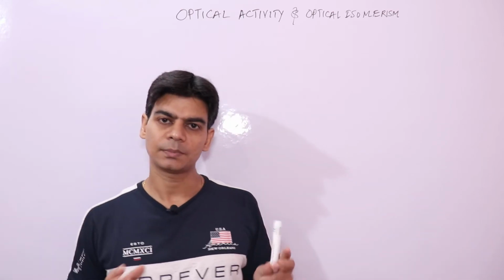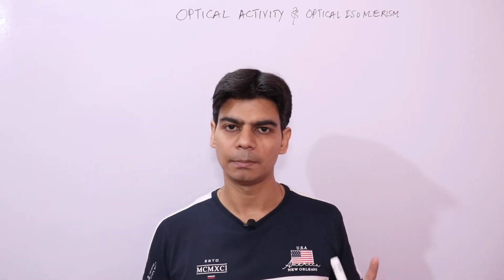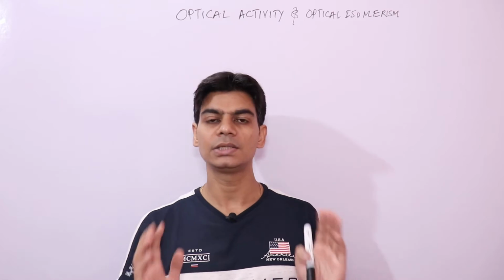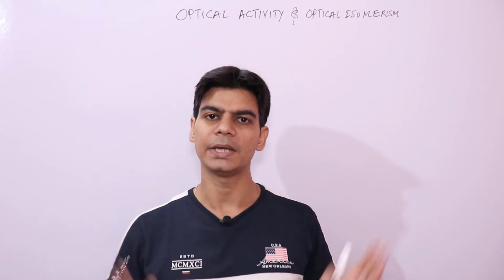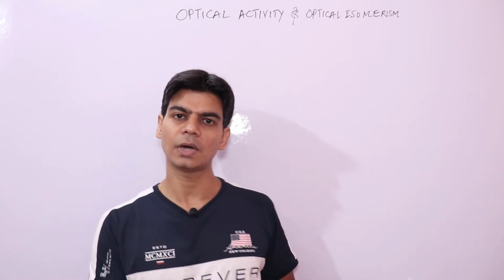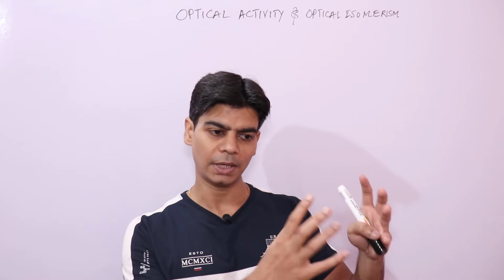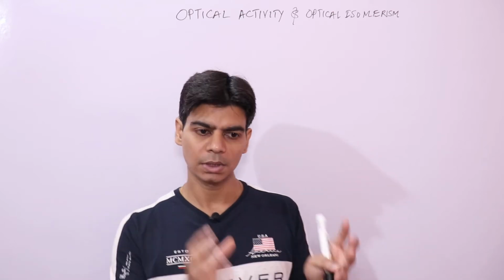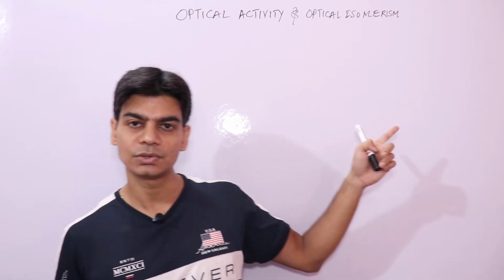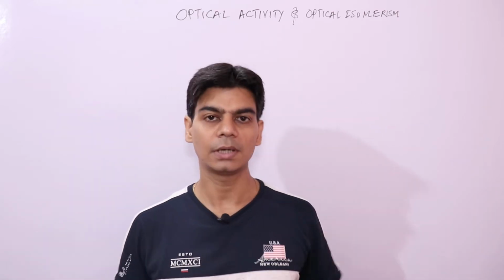Suppose we have two organic compounds. Those two organic compounds have atoms or groups that are arranged differently in space. In the previous video lecture we understood that stereoisomers are those isomers that have atoms or groups arranged differently, or different orientations of atoms or groups in space. Since we are dealing with optical isomerism, optical means something related to light.